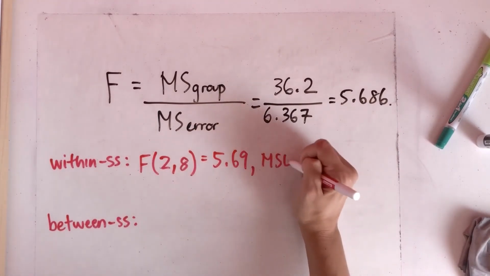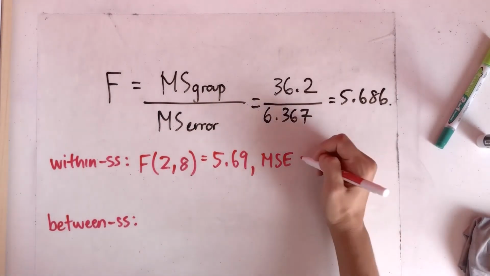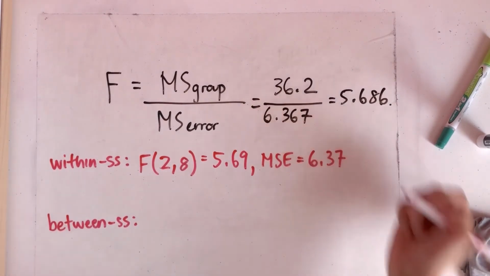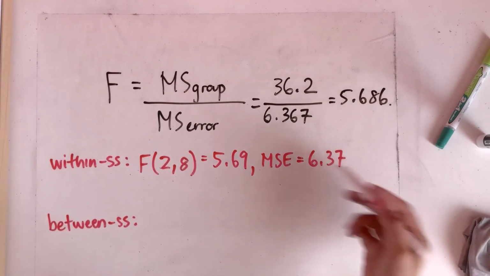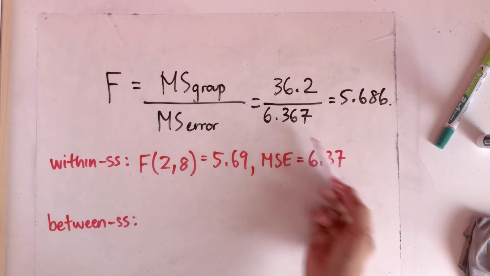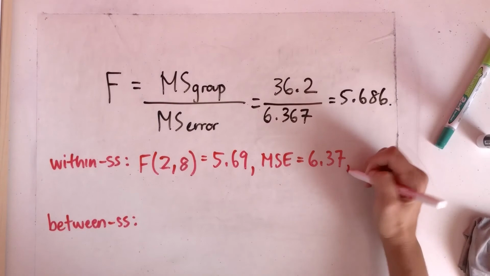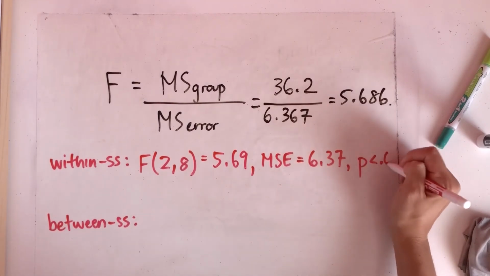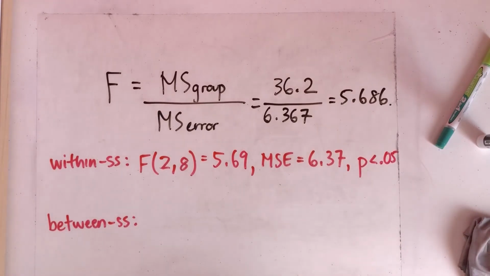The mean squared error reported in APA style MSE is 6.37. It's gone now, but that's how we computed it. Oh, no, it's not. It's right there. Okay, so 6.37. And I'm going to guess that I'm pretty confident that if we looked up in the table, P would be less than 0.05. So I'm gonna bet some good money on that.